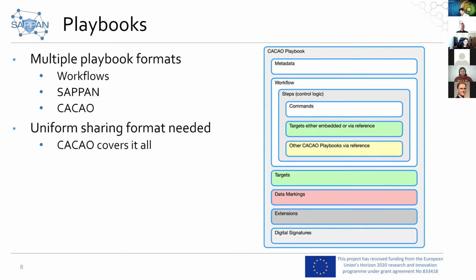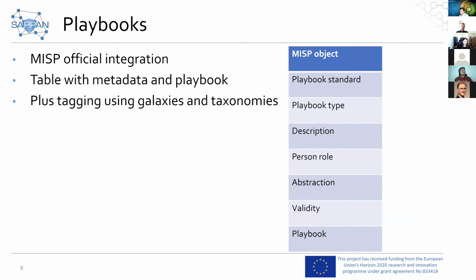So in the end, we decided to go with CACAO and consider it the future for playbook sharing. Therefore, we took the CACAO specification and decided to again integrate the CACAO representation of playbooks into MISP.